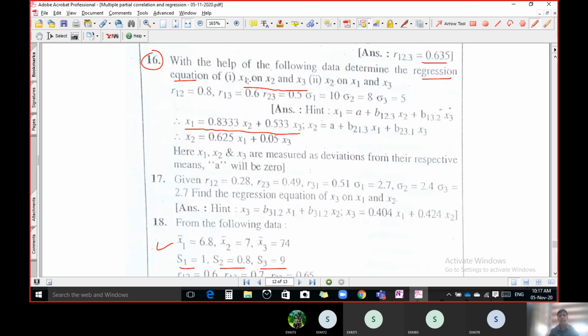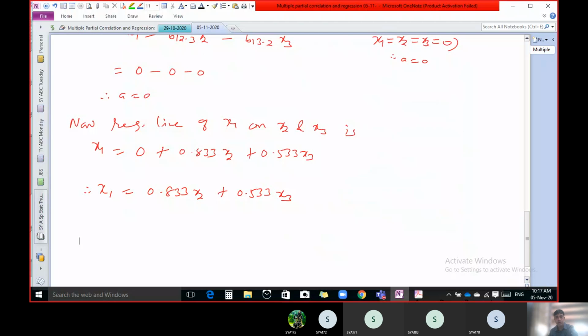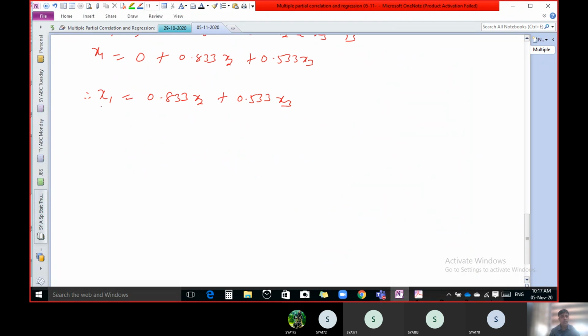But now for this particular question, this is our answer. This is the regression line of x1 on x2 and x3. Now we require the regression line of x2 on x1 and x3.